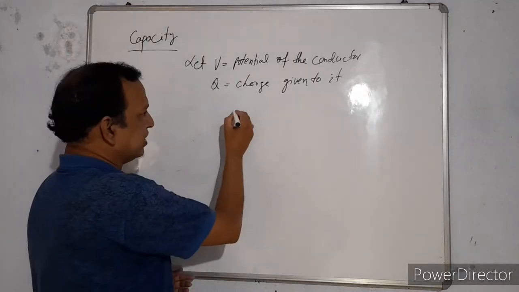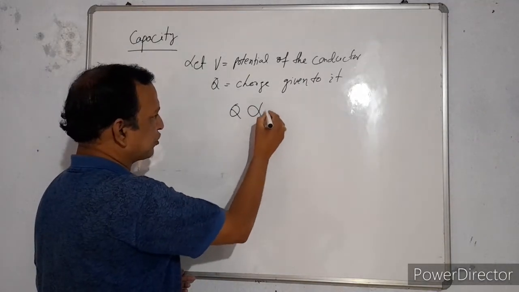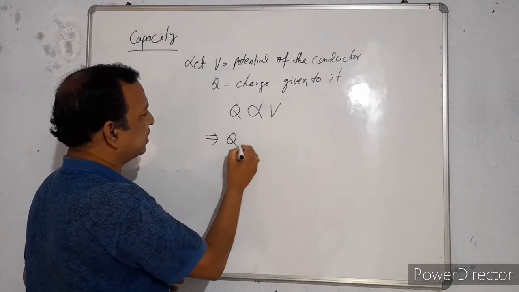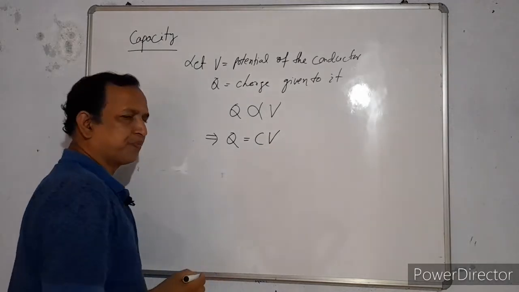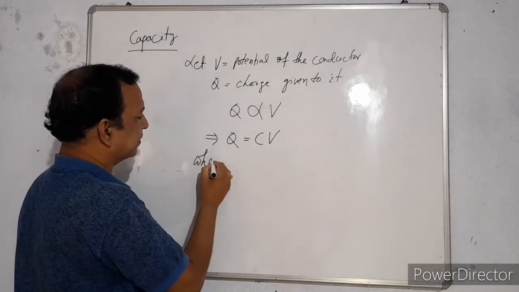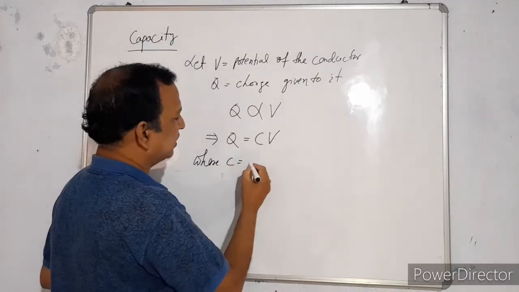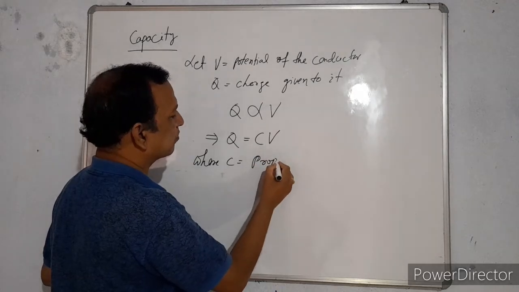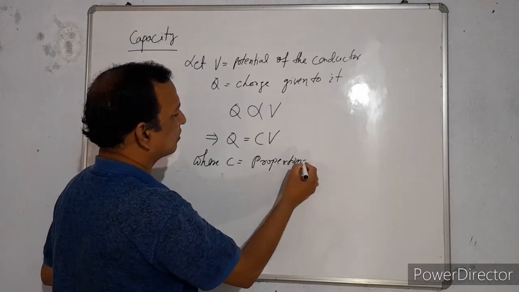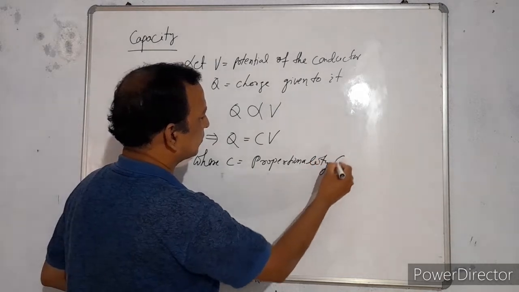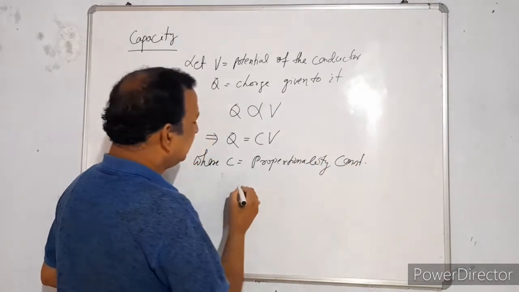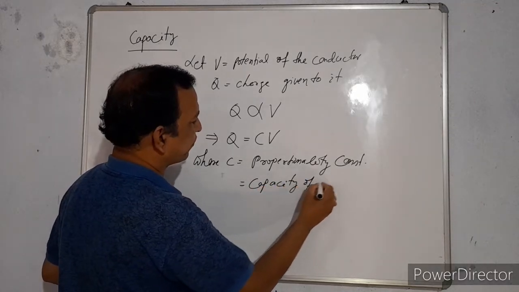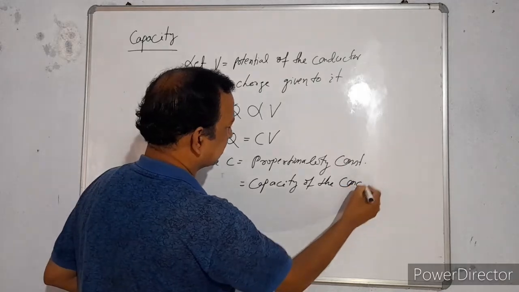This charge is directly proportional to potential. This implies Q is equal to CV, where C is a constant of proportionality, that is called the capacity of the conductor.